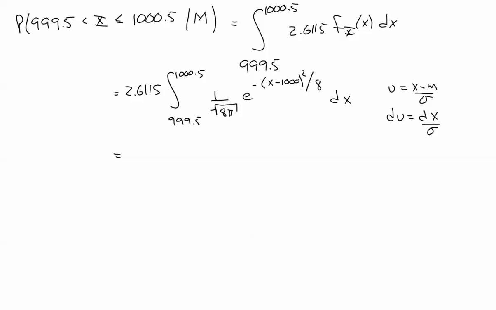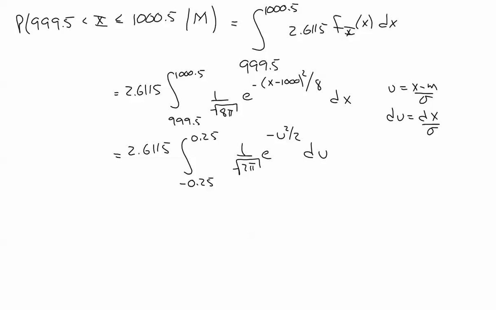After change of variables, I get 2.6115 times the integral from negative 0.25 to 0.25 of 1 over square root of 2 pi e to the minus u squared over 2 du.